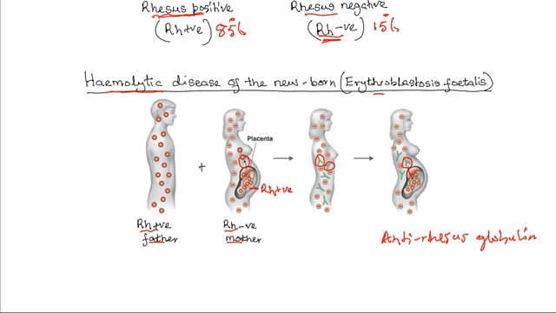So during the last month, she's treated with this anti-Rhesus globulin so that the presence of the Rhesus positive red blood cells is not recognized by her immune system. So she will not develop anti-Rhesus antibodies. This will protect the red blood cells of the fetus in the present and the subsequent pregnancies from destruction.